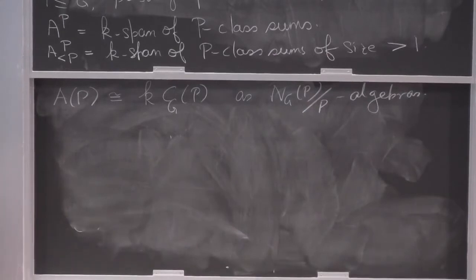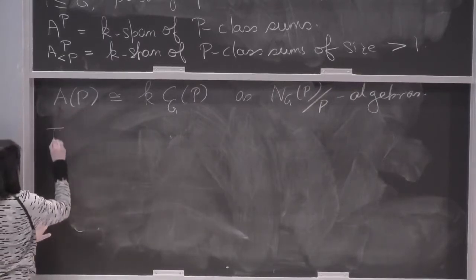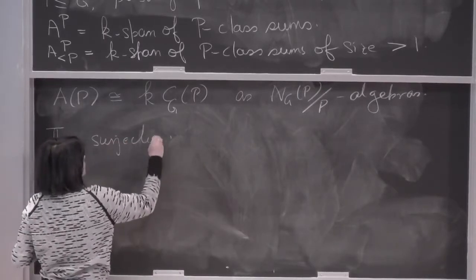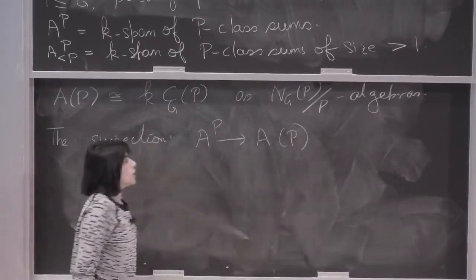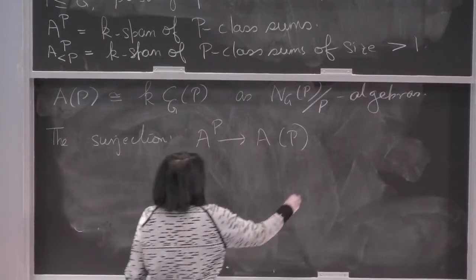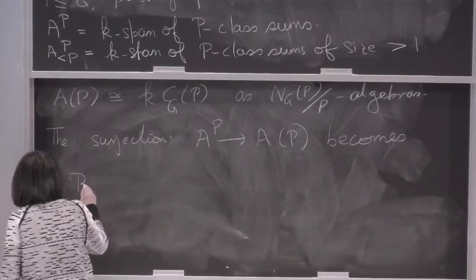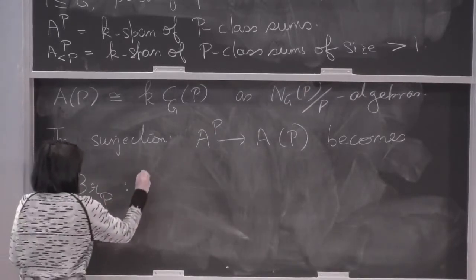And the also very easy thing that comes out of this is that if you want to interpret the quotient map, the canonical map, the surjection from A^P to A(P), in this case it becomes, under this identification, this very important homomorphism. It's the Brauer homomorphism, Brauer_P.